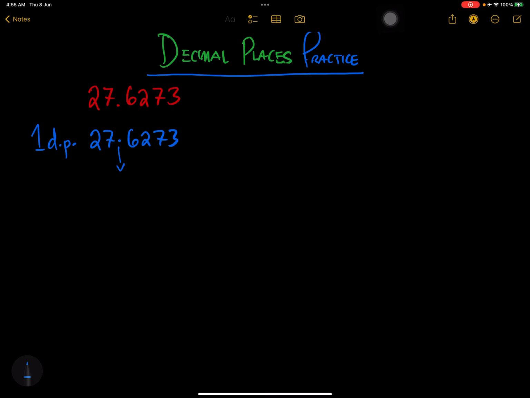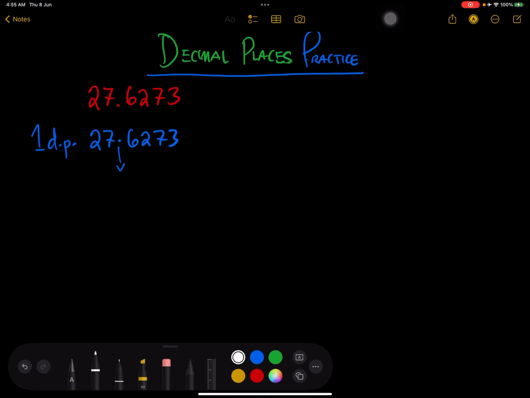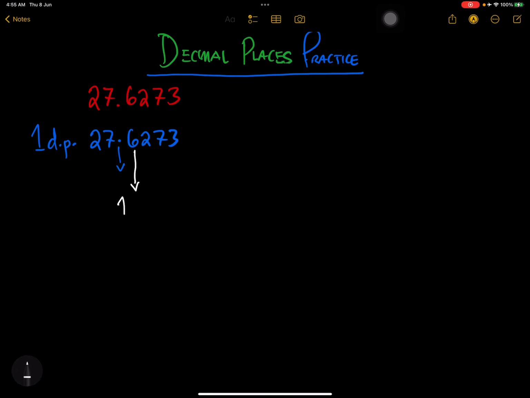This number here is the first decimal place. So we can put a dot here because that's the first decimal place.